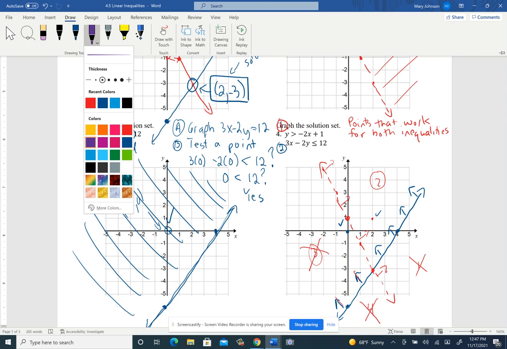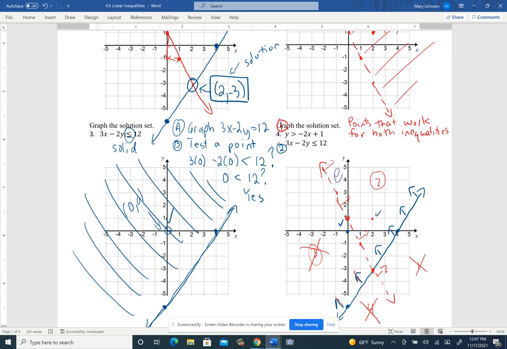So really the answer, where you would want to fill in, is right here, where those arrows are both pointing into the same region. The solution would be all the points in there and the points on this part of the line, but not that part because it's dashed on the other one, and not these. The main thing you have to do is fill in the appropriate region on the problem.